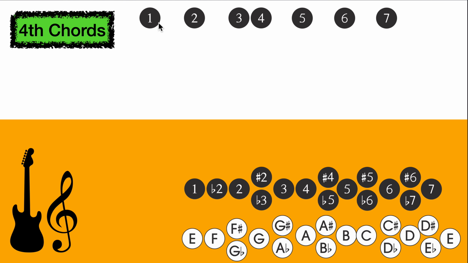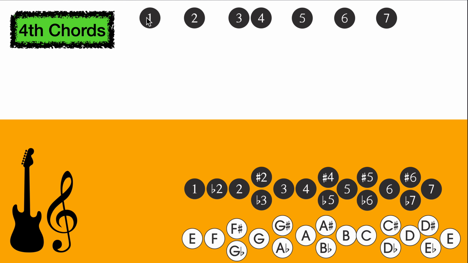Suspended fourth chords are the 1, 4, and the 5, in various keys. I just recently did a video on suspended chords showing how 5 of the 7 scale degrees produce a suspended fourth chord. So this idea I'm going to relate to the 3 notes per string.